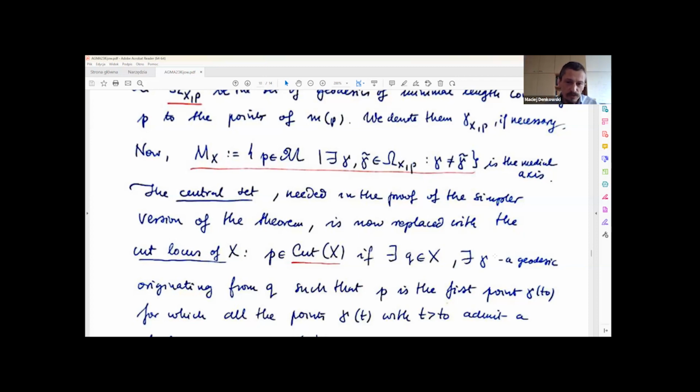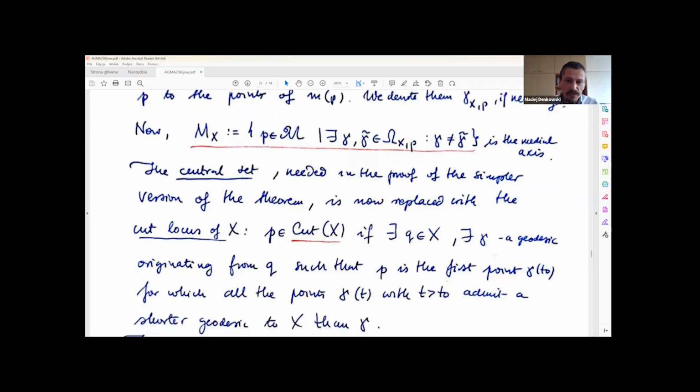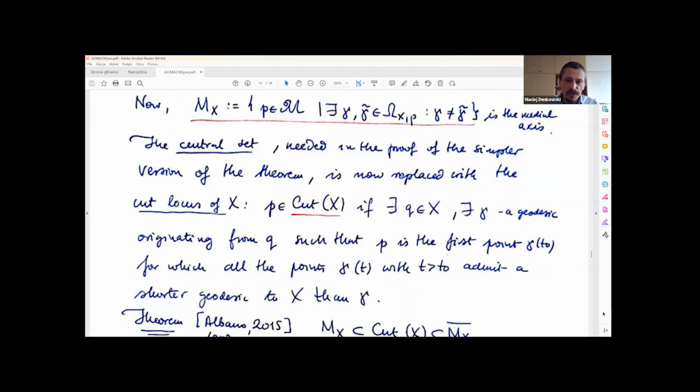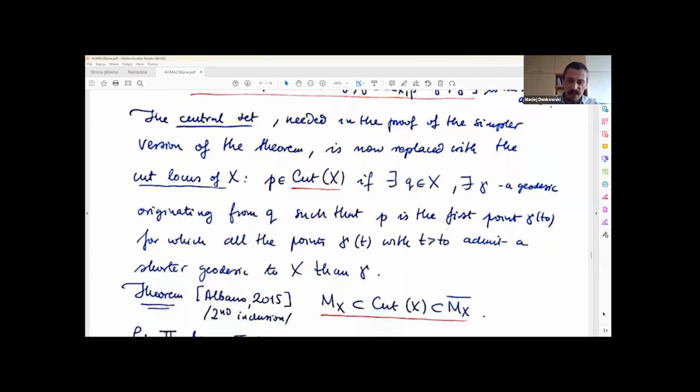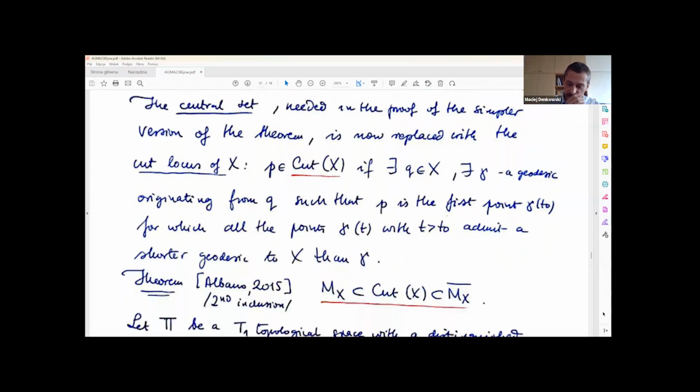The cut locus, as you probably all know, is the set of points for which the geodesic ceases to be the shortest path, basically. And as we had this sequence of inclusions with the central set, we have exactly the same with the cut locus, and this is a result due to Albano, as far as I know.